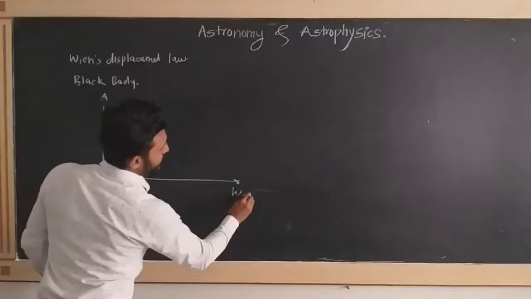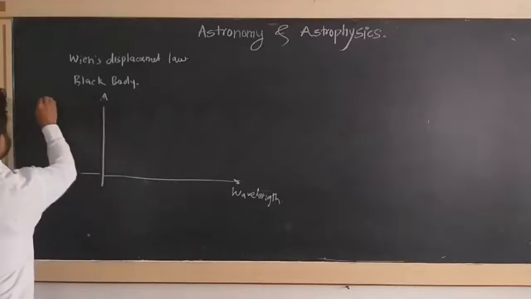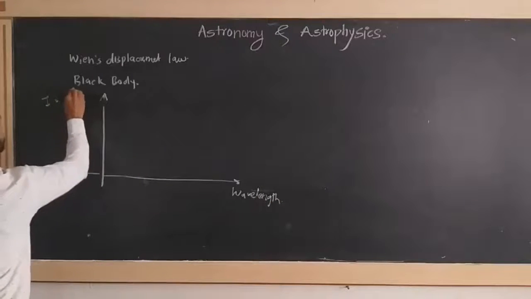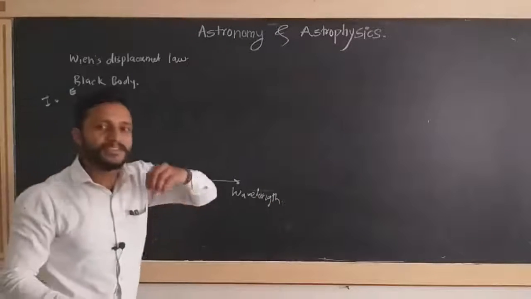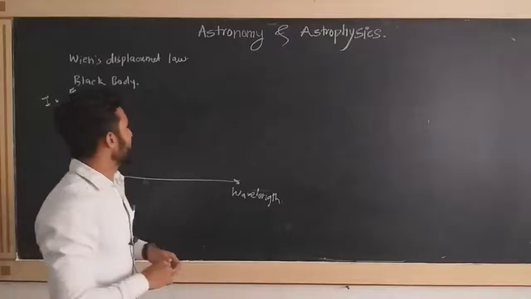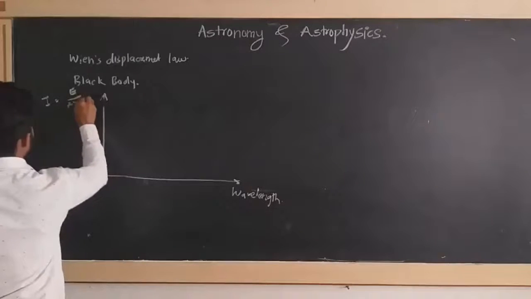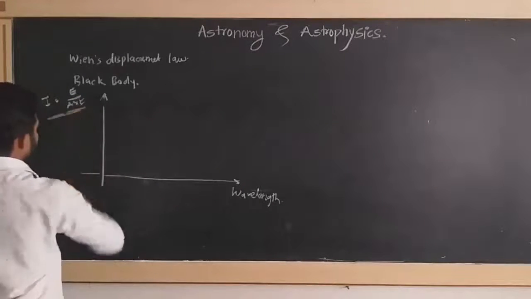So here we have wavelength and intensity, where the total amount of radiation emitted from the black body when we heat it, per unit area per unit time, is the intensity.